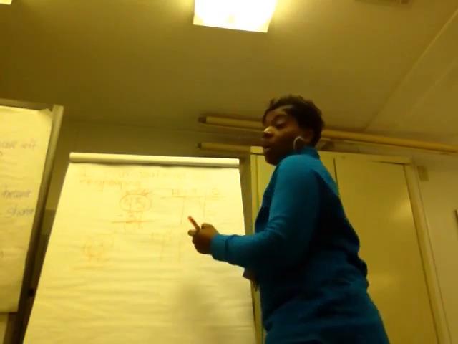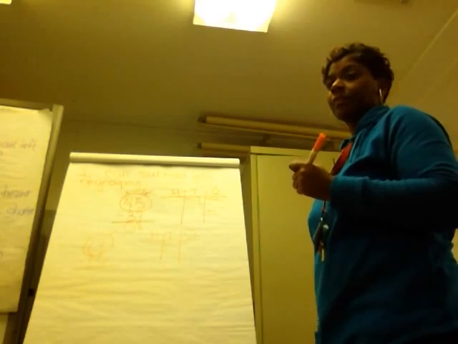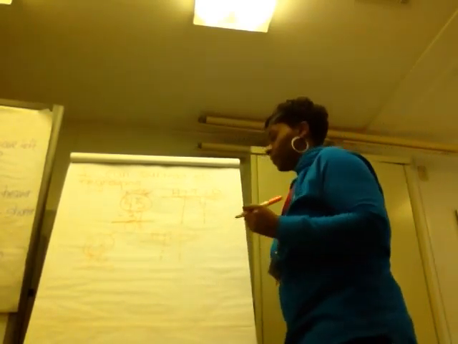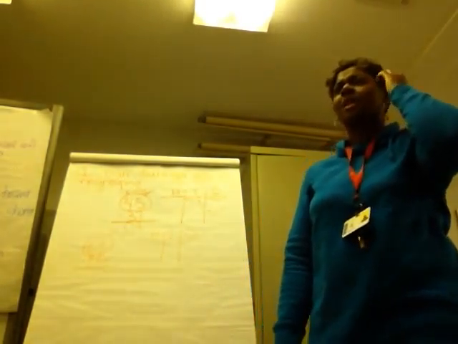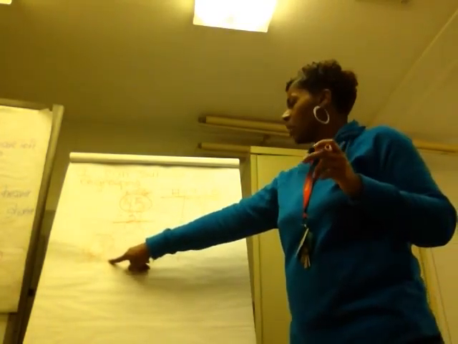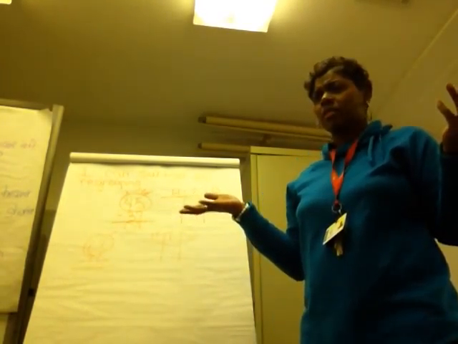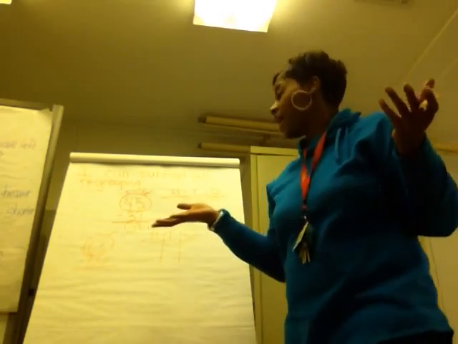How many ones do I have, Elijah? 3. 1, 2, 3. So when I go back and look at the problem, if I have 3 ones and I need to take away 6, do I have enough? No, we don't have enough.